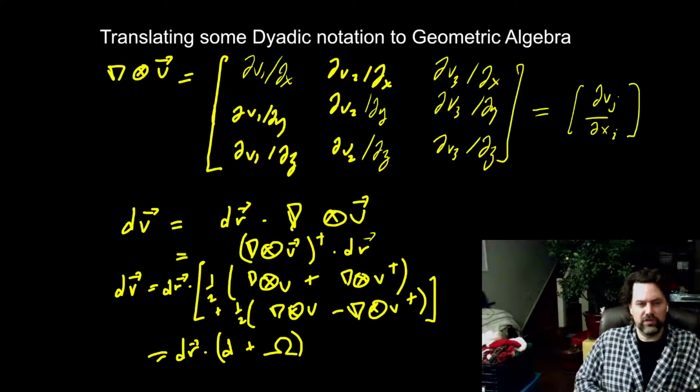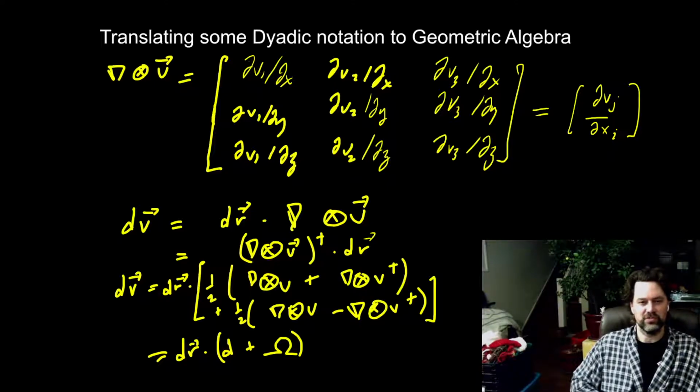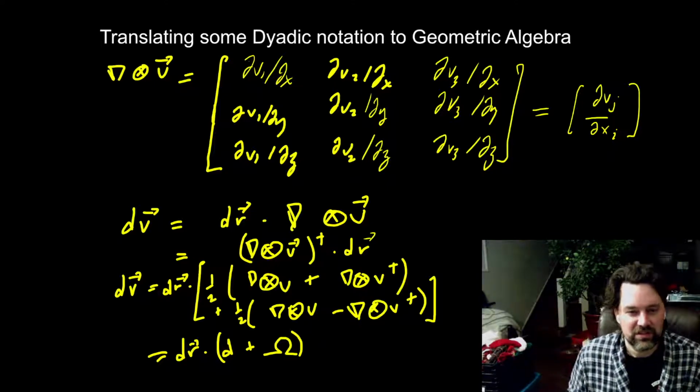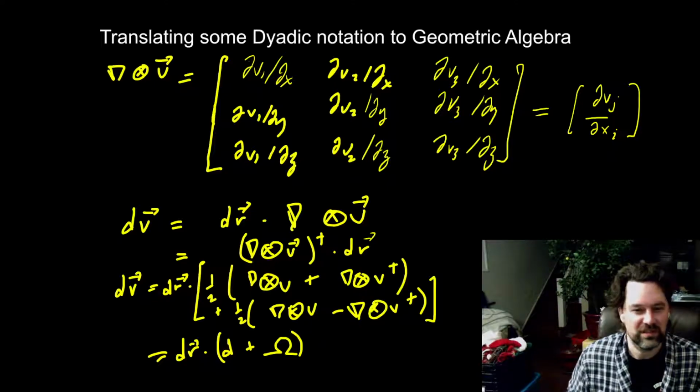In this video, I'm going to attempt to find the geometric algebra equivalence to some dyadic notation that was brought to my attention in some correspondence. We have here a tensor product, the gradient times a vector, or the direct product of a gradient times a vector.